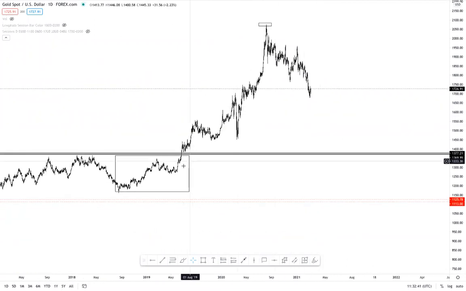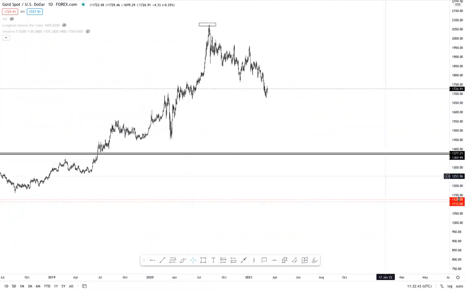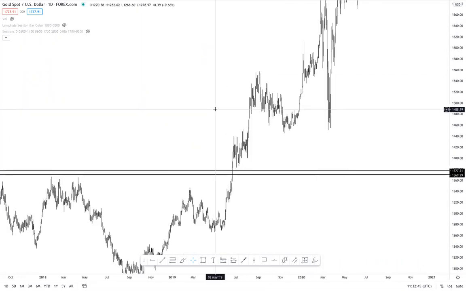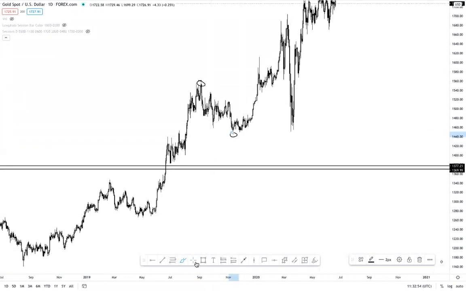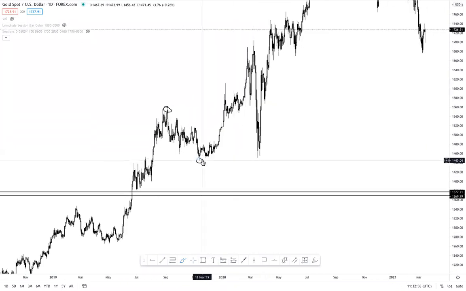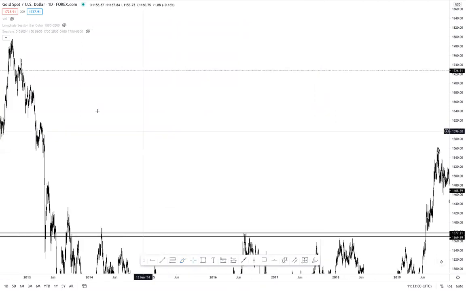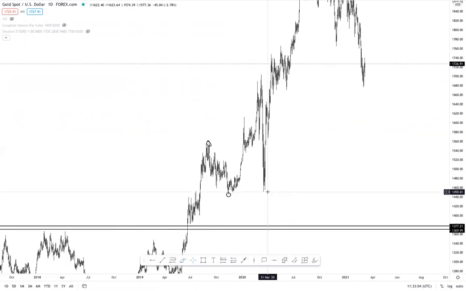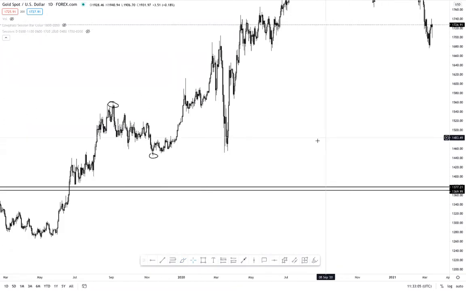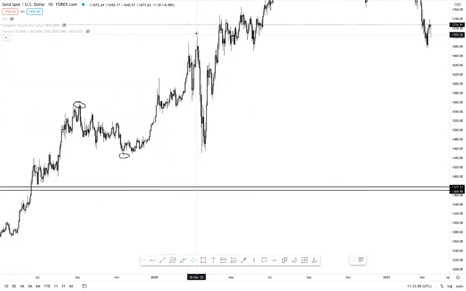So now, let's follow the current minor structure. So now we have a higher high. We have a higher low. We have a higher high. Price goes up. And watch how price never broke this low because it wanted to continue to go bullish and break out. And that's why price would make sure that it sustains the bullish structure. Okay, so price goes bullish, we create a new high.